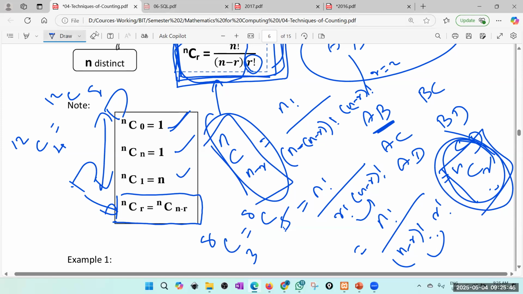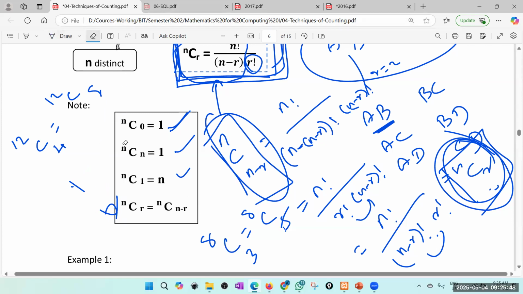And see whether this makes sense also. If you have n number of distinct elements and you select nothing, how many ways can you select? Just one. If you want to select n number of elements, you have only one way, because you need to select all of them.